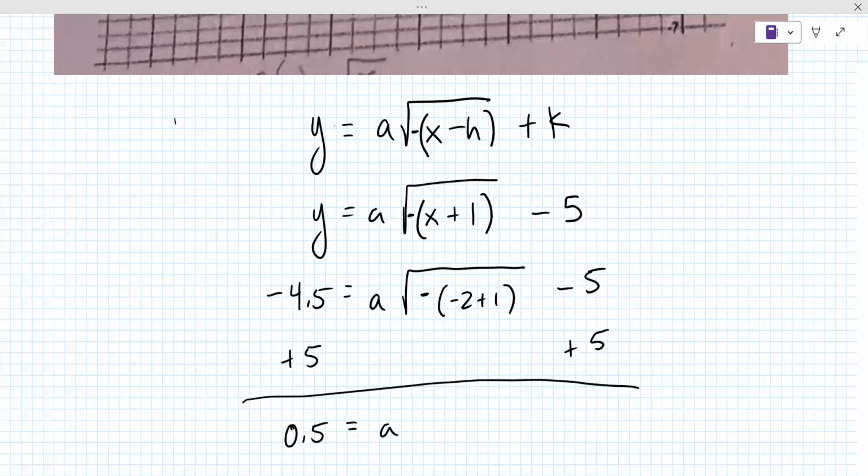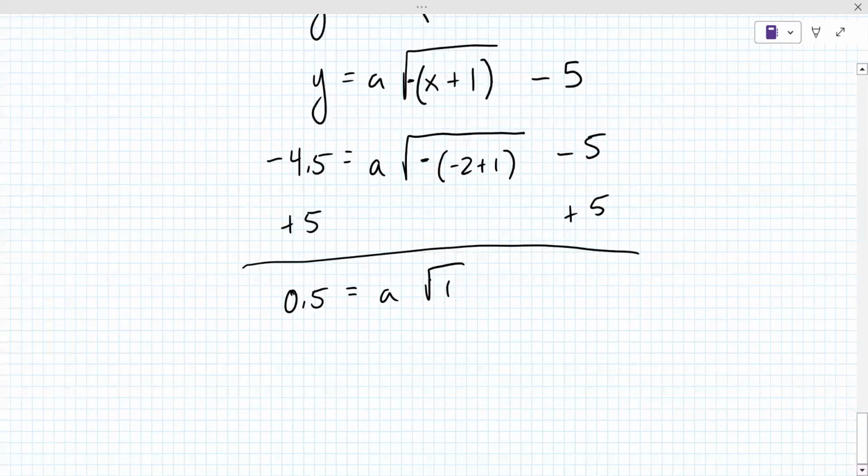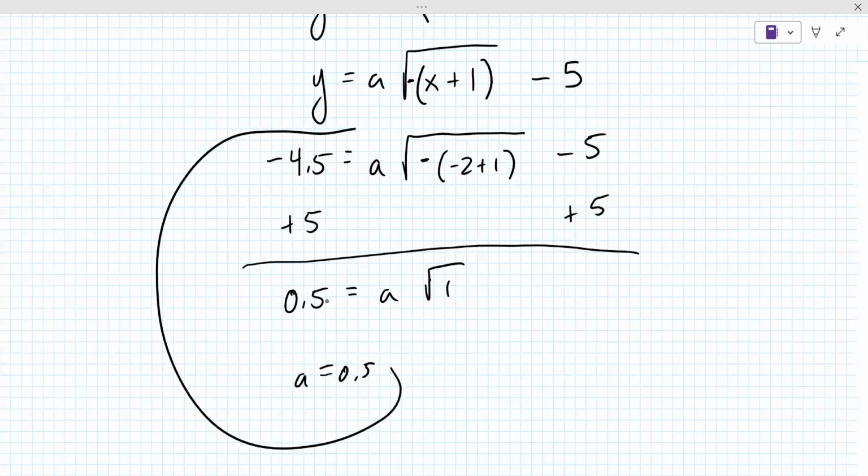Would I just write that with a square root after the a? You can, or you can simplify, it is just 1. So a is 0.5. That goes back into this part. So then y equals 0.5 parentheses minus x plus 1, minus 5.